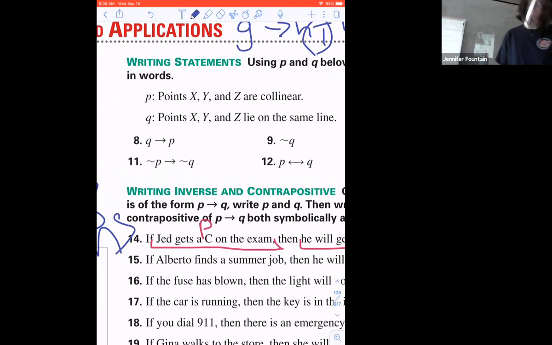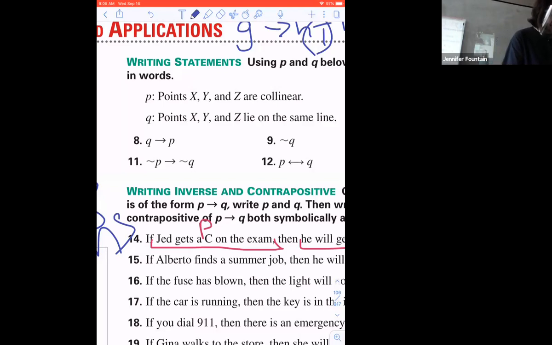Let's look at number 10. Not P. That one's a little tricky because it's not P then not Q, so it's not converse, inverse, or any of those. Did they call it the negative or negation?